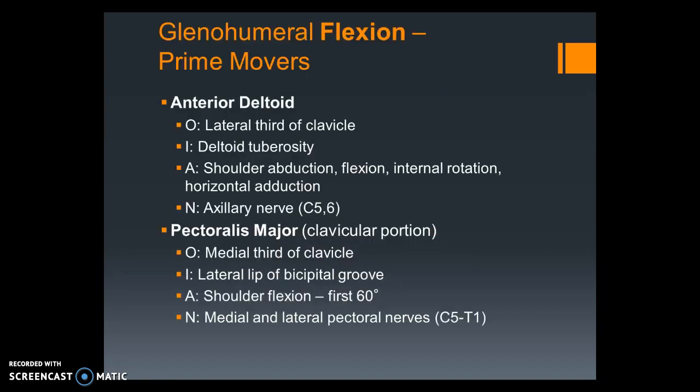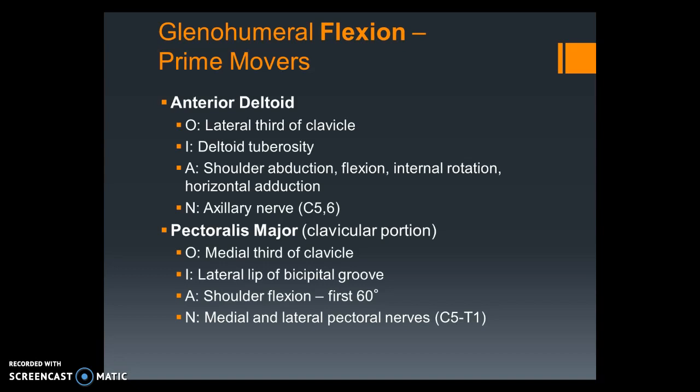So prime movers of glenohumeral flexion are the anterior deltoid and the pectoralis major. The anterior deltoid originates on the lateral third of the clavicle. It inserts on the deltoid tuberosity. The anterior deltoid does shoulder or glenohumeral abduction, flexion, internal rotation, horizontal adduction, innervated by the axillary nerve.